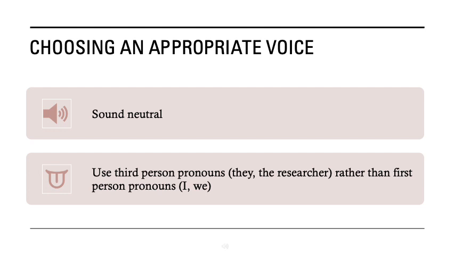Now, if you write sentences with I and we, naturally you will end up writing about your likes and your dislikes. So avoid that. Instead of first person pronouns like I and we, use third person pronouns like they, the team, the researcher, and so on.